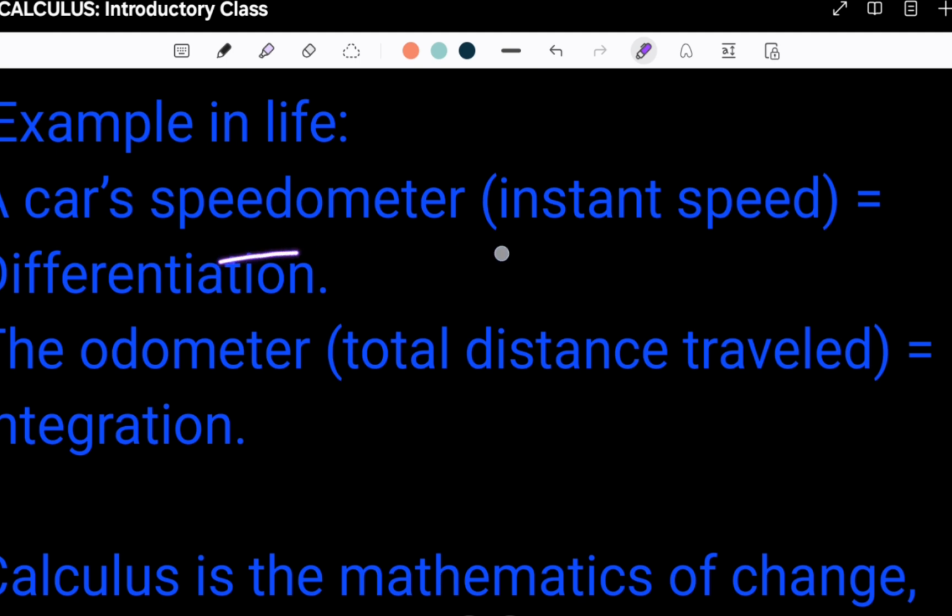A car speedometer shows us the instant speed, that means the speed of the car at that particular time, and that is calculated by differentiation. The odometer, which measures the distance traveled by the car, uses integration.